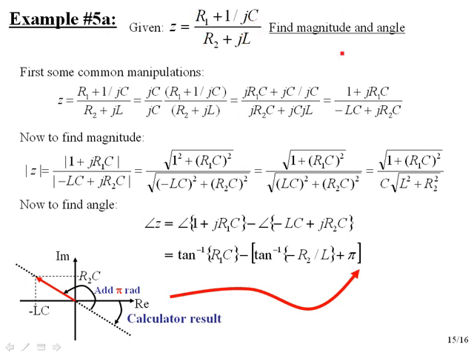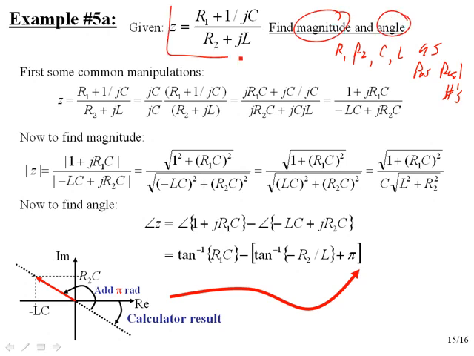But for right now, just take R1, R2, C, and L as positive real numbers. So we're asked to find the magnitude and the angle of this complex number. Obviously, those are going to depend on the R's, the C's, and the L's. So let's do some common manipulations here that will help us get to a point where we can find the magnitude a little easier.